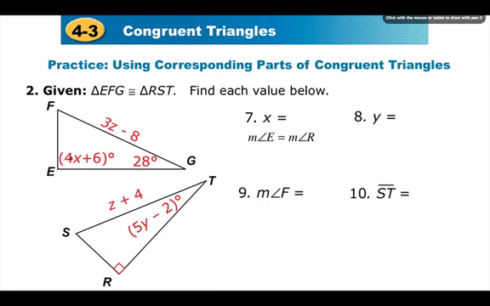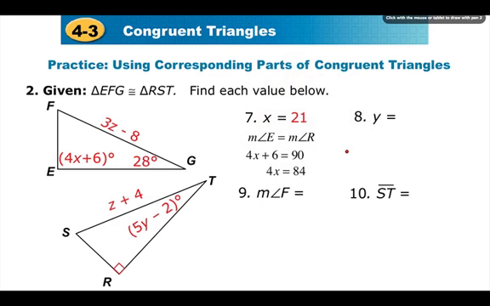Congruence, equality means congruence. So then all I'm going to do is substitute. I know that E is 4x plus 6 and R is 90 degrees. So then all I need to do is solve for X here. Take away 6, I get 84, divide both sides by 4, and this is my answer, 21.